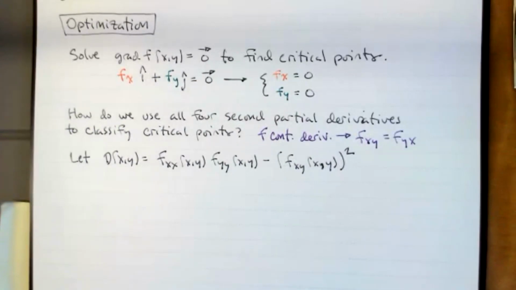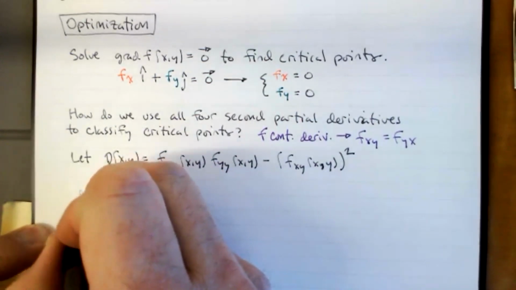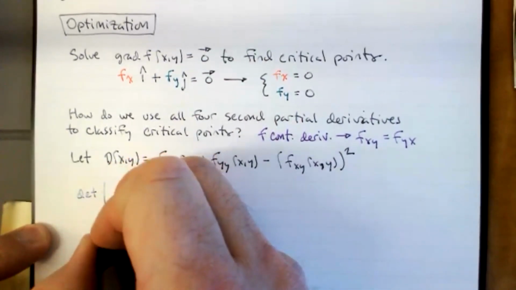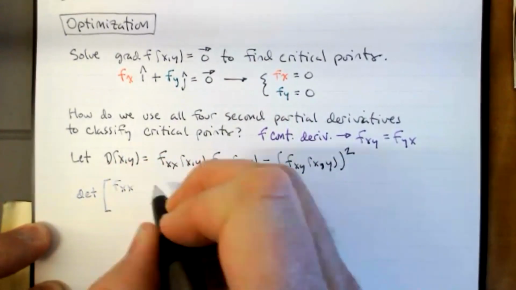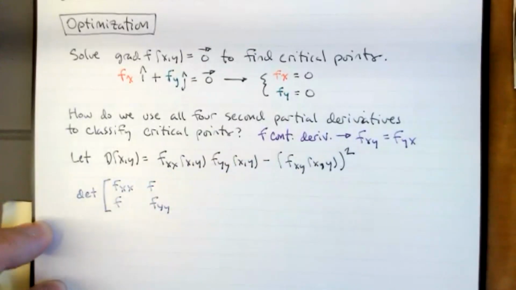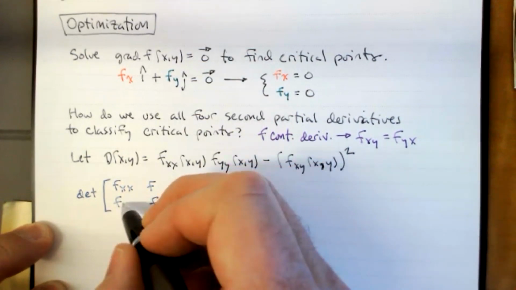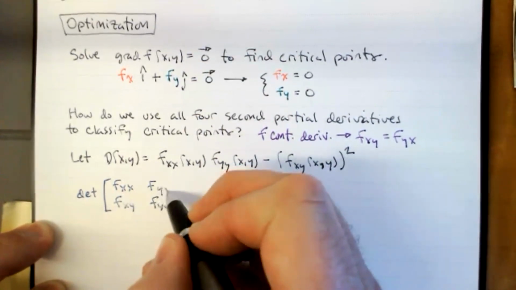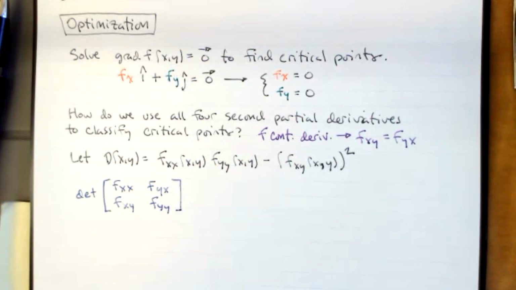So we can read this as the determinant of fxx, fyy, fxy, fyx. I can't remember my order. So we're calculating this determinant.